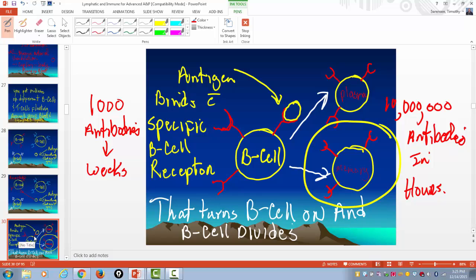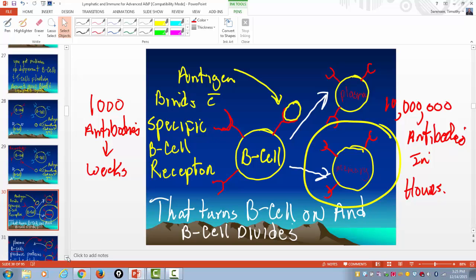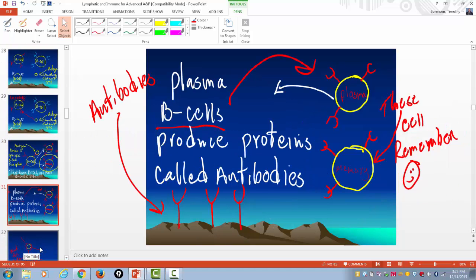And here's why. The normal exposure to something, this happens. Boom. In an allergic reaction, or in this case, anaphylaxis, the same thing happens. The first time you're exposed to something, you're only going to produce a small amount of antibodies. But this is the kicker. This is the huge point.